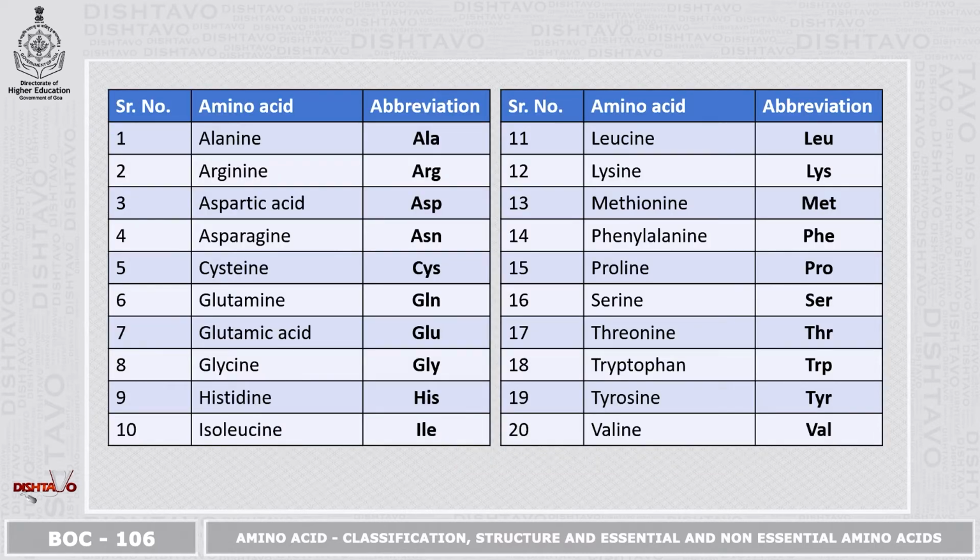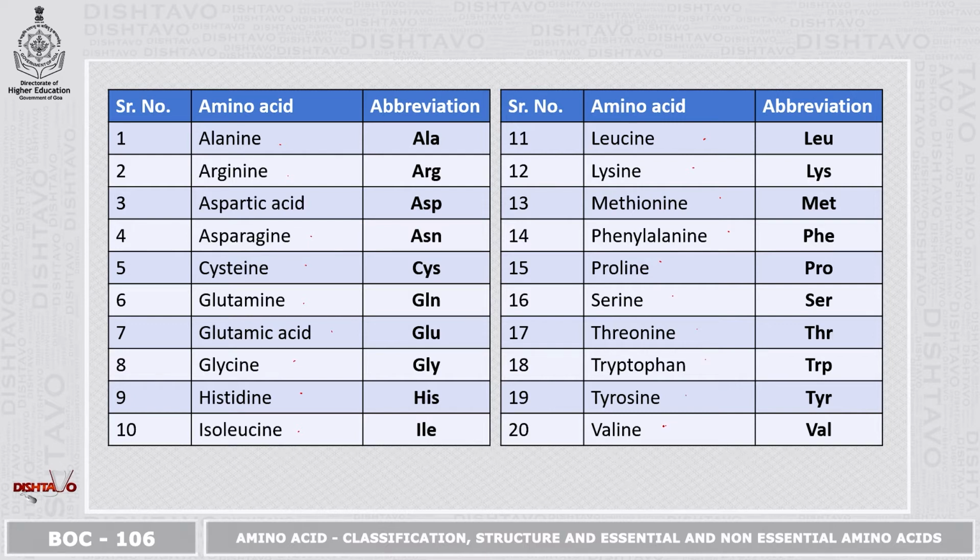Now, the 20 amino acids are shown in this table. So we have alanine, arginine, aspartic acid, asparagine, cysteine, glutamine, glutamic acid, glycine, histidine, isoleucine, leucine, lysine, methionine, phenylalanine, proline, serine, threonine, tryptophan, tyrosine and valine.